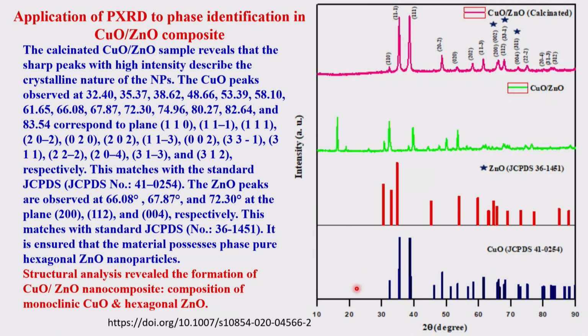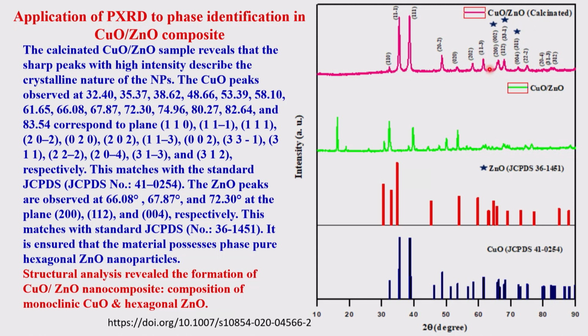So you can see copper oxide with zinc oxide. This is for copper oxide, this is for zinc oxide, and this is for the mixture. You can see the peaks coming from the copper as well as from the zinc part of it, but with different ratios of intensities and different widths of the peaks. This is where you can identify both the components present. We look at this, which is calcined.